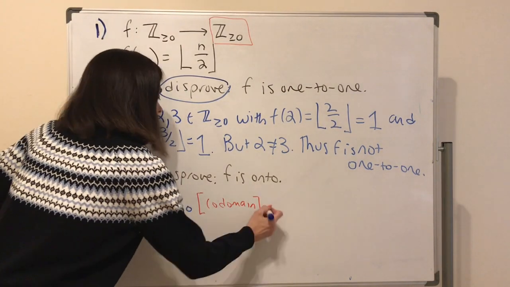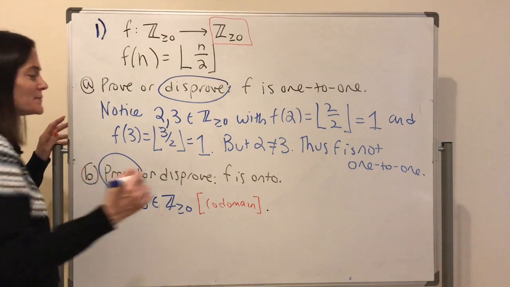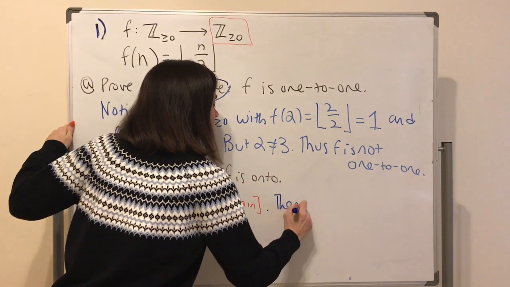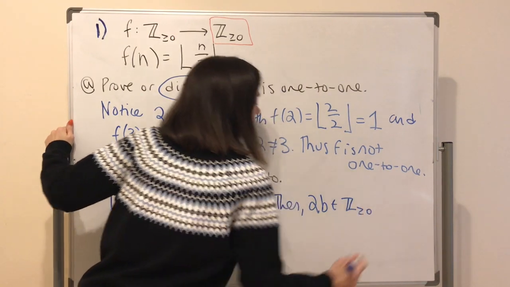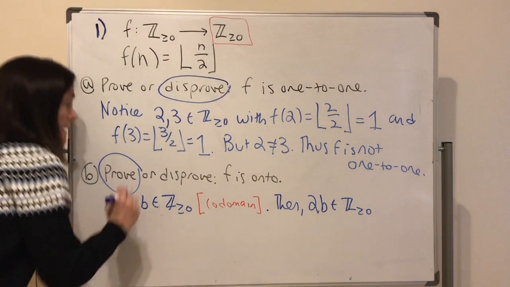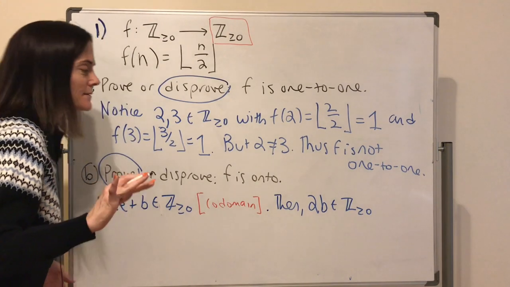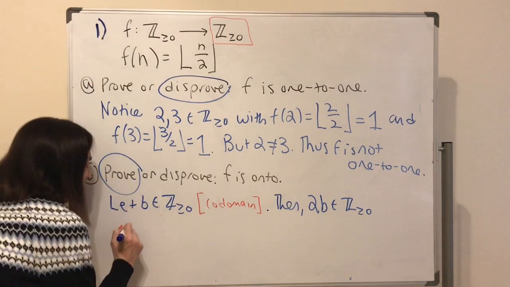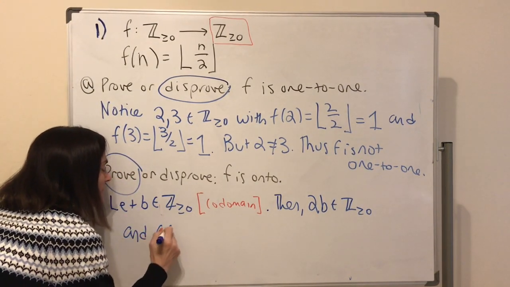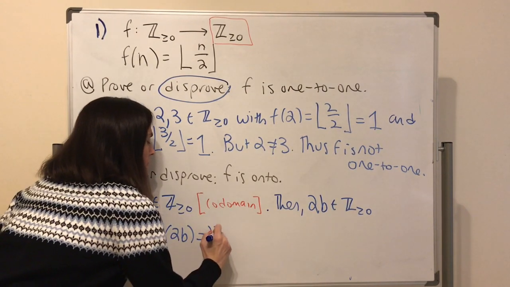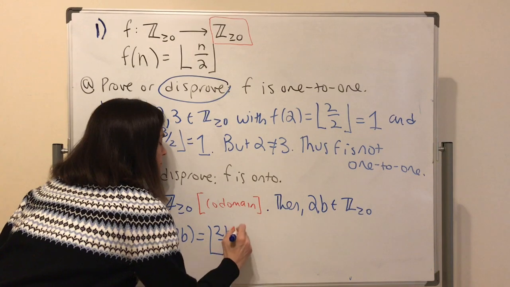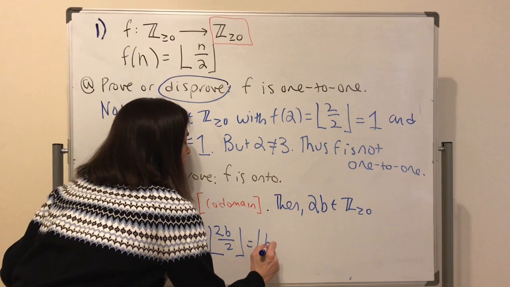Okay, fine. Well, this is not too bad. So then 2b is certainly in the domain. And f of 2b is the floor of 2b over 2, which is the floor of b.